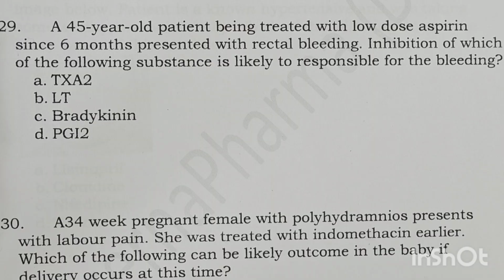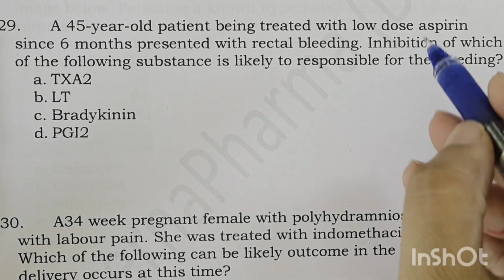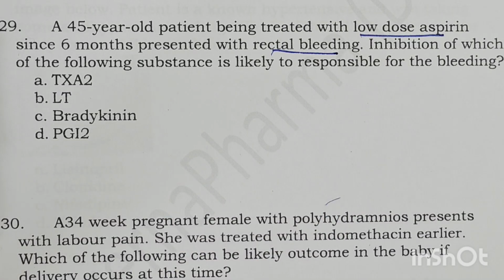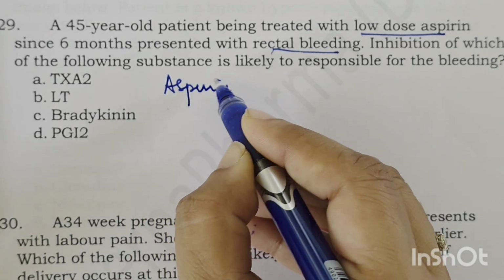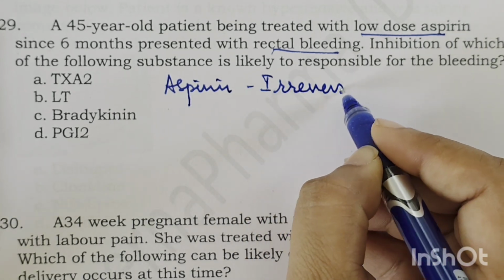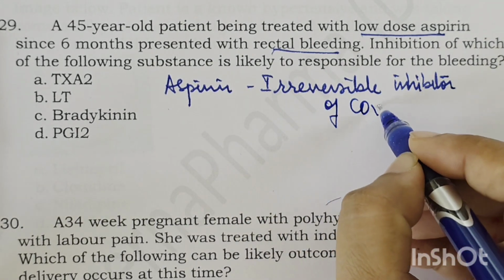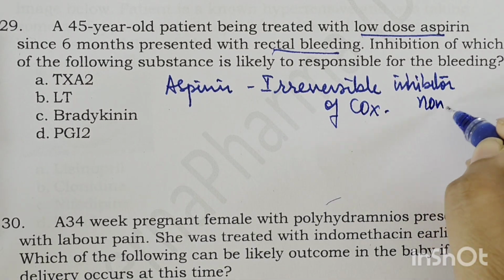The next question is, a 45-year-old patient is being treated with low-dose aspirin since 6 months and presented with rectal bleeding. Now, inhibition of which substance is likely to be responsible? It's a very, very simple question. Aspirin is an irreversible, please remember this word, irreversible inhibitor of COX enzyme. So it is a non-selective irreversible inhibitor of COX enzyme.